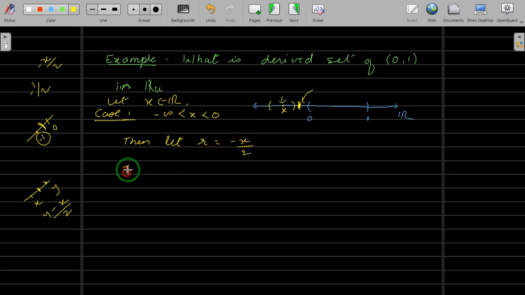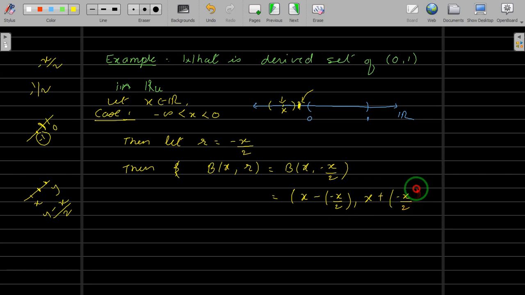Okay, then you take the ball around x. Let me write the ball around x of radius r, that is equal to the ball around x of radius minus x upon 2, that is equal to, ball around x means the balls are open here, open intervals, that is x minus (minus x by 2) comma x plus (minus x by 2), right? This is the open interval.